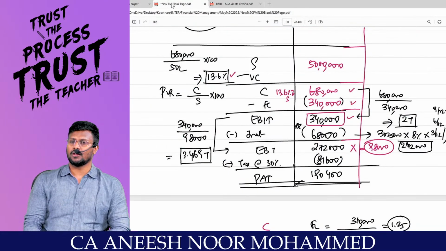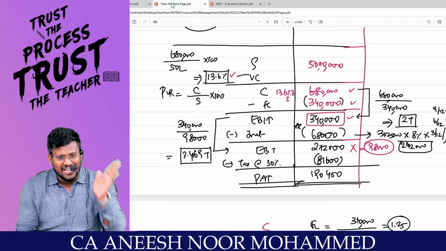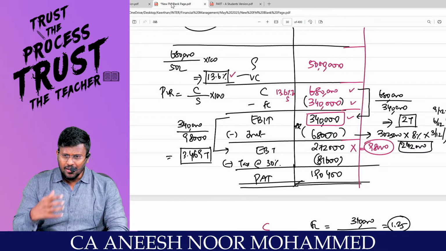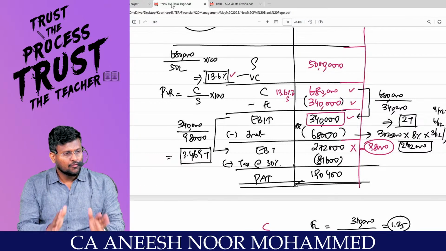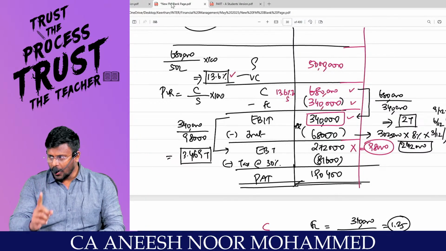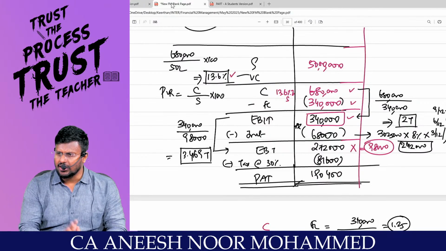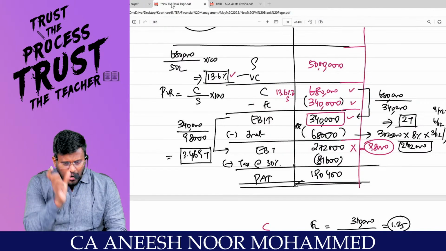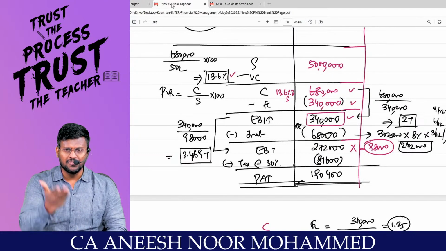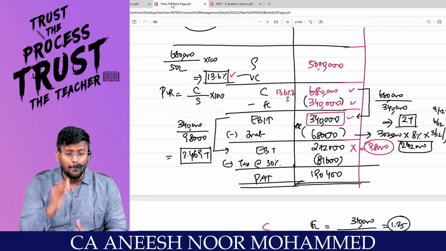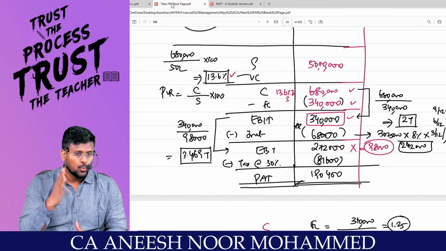Are you really with me? So basically, it is an assumption. What we are assuming is that the debt is not there for the entire year. If you are very strictly saying that, no, sir, I want the total interest to be 2,42,000 instead of 68,000, then operating leverage, sir, will not match.